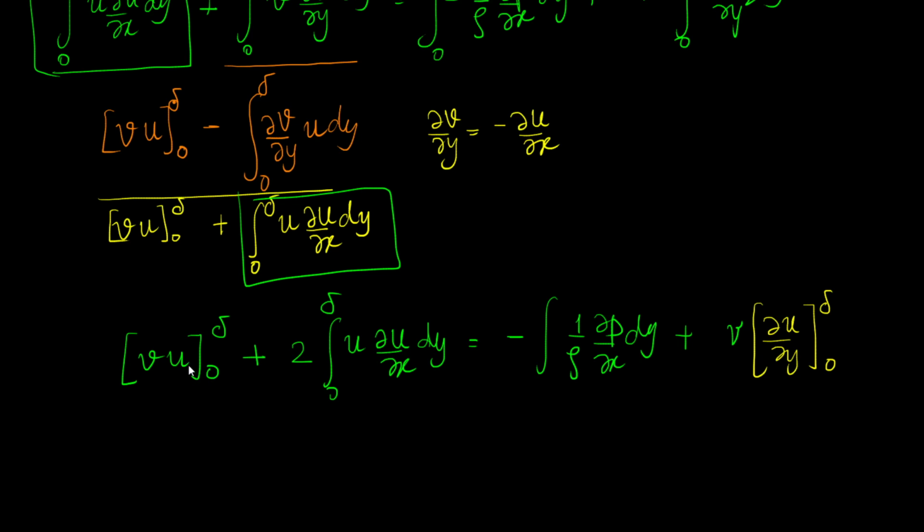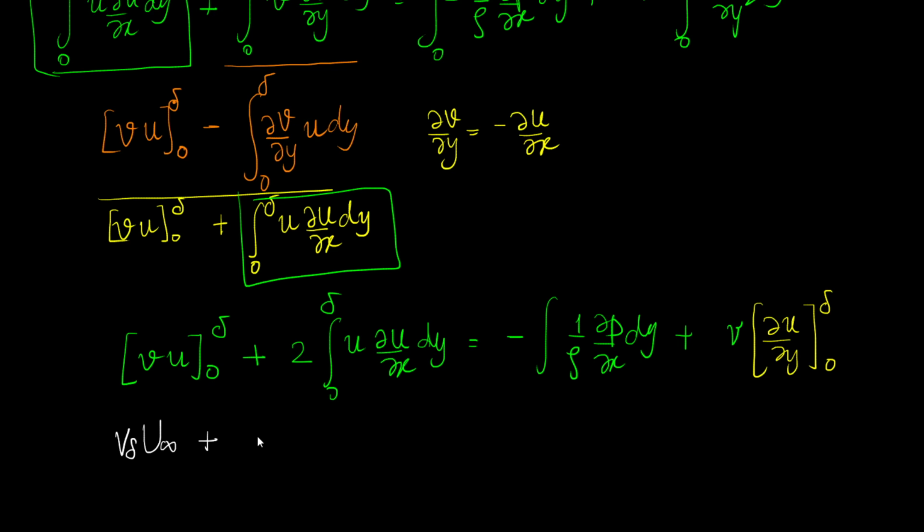So what is this term going to be? Let us see how we can simplify it. We can write it as v at delta times u at delta, which will be equal to u infinity, minus v at 0 times u at 0, and v at 0 is 0 and u at 0 is also 0, so let's not write this negative term.